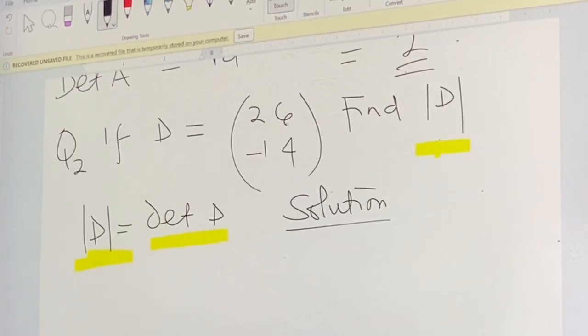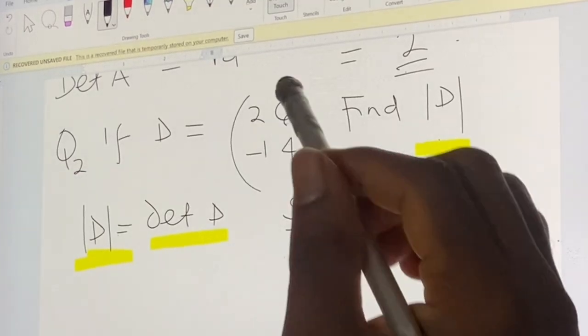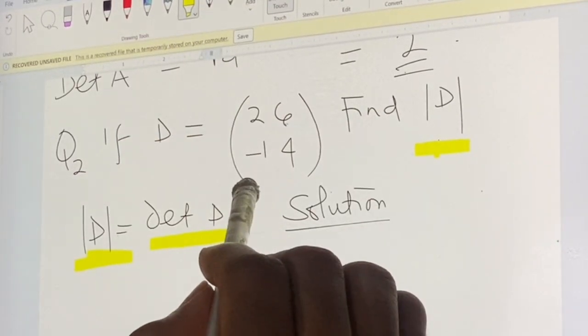So class, let's solve this question using the previous formula. Whenever you are given a question to find the determinant, the first thing to do is to know the order of the matrix. The order of this matrix is 2 by 2.